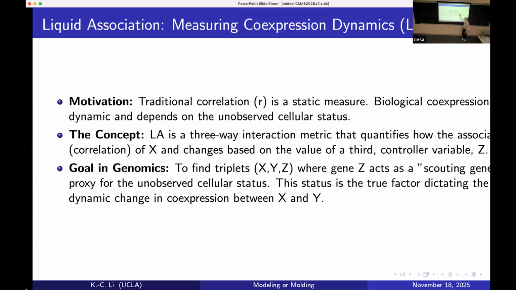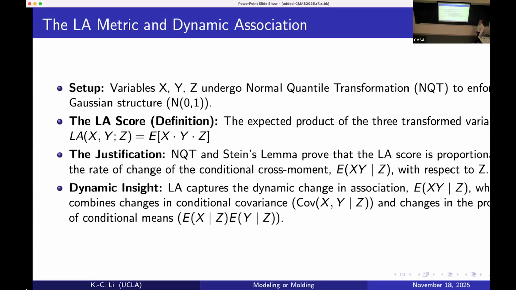There's a Z which will control, or scout, this correlation change between X and Y. So how do we measure it? That's easy. You assume that X and Y undergo normal quantile transformation, then I can use this simple X times Y times Z as a measure of this, which I call liquid association. And why does that make sense? Because once you have X, Y standardized in this way, the correlation between X and Y is just E of XY.